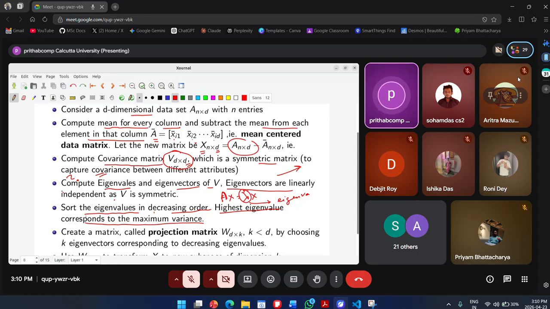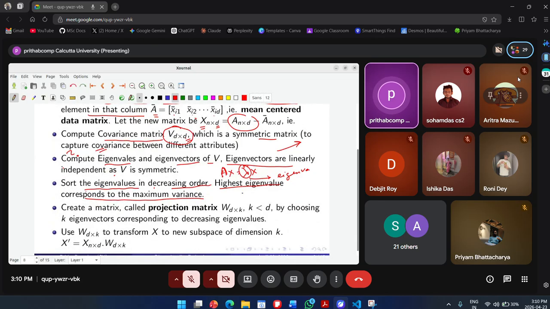So we create a matrix called the projection matrix, W, whose size is d cross k, and obviously k must be less than d. K is the smaller dimension and d is the original dimension. We do this by choosing k eigenvectors corresponding to the decreasing eigenvalues in that order.